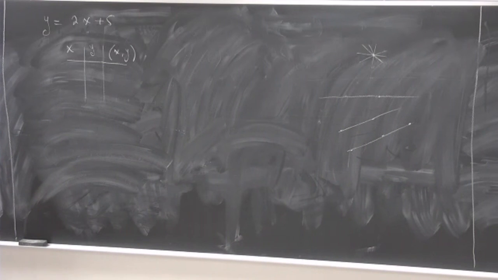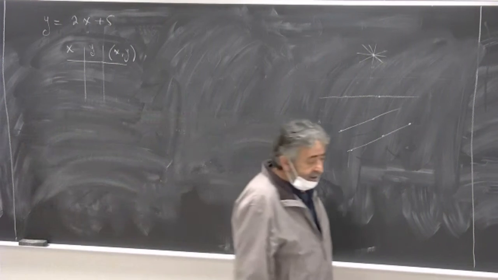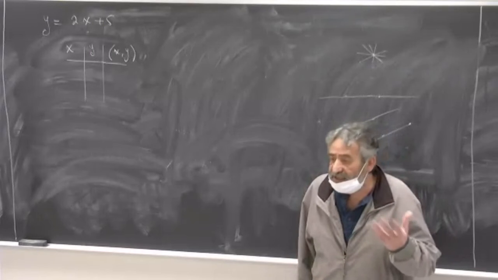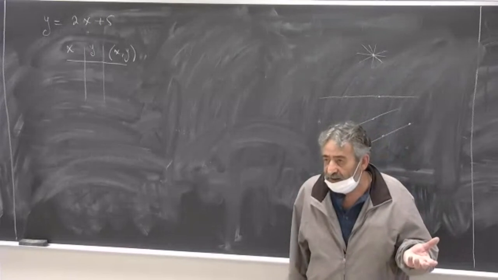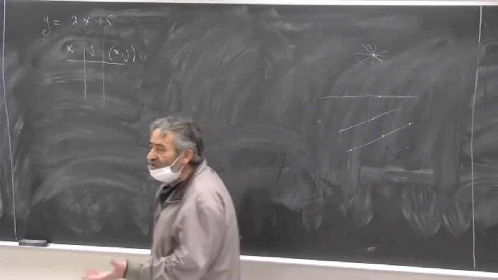All right? How do I determine which points I want? Now, remember what I said. There are infinitely many points on the line, right? So we just need 3 of those. How do I determine which 3?